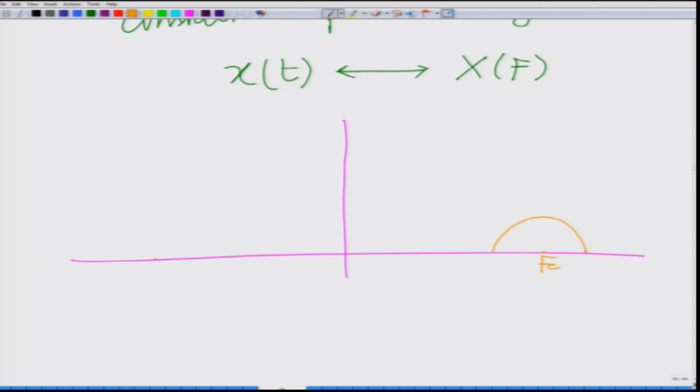I am drawing the spectrum of this passband signal, which is centered at carrier frequency f_c. Let us say this is the spectrum X(f). So x(t) is the passband signal, and it has spectrum X(f).